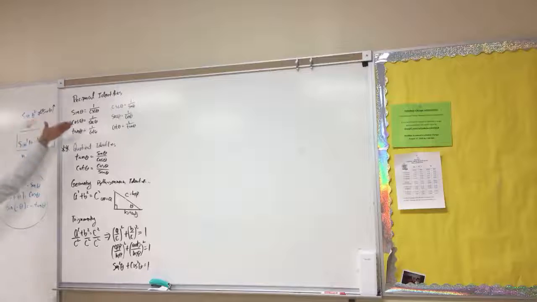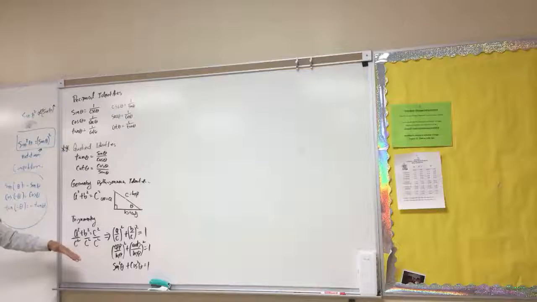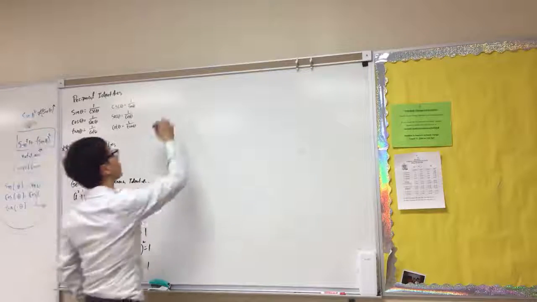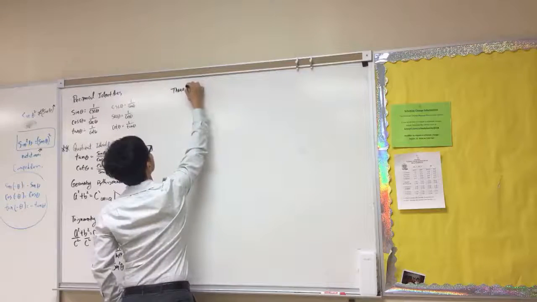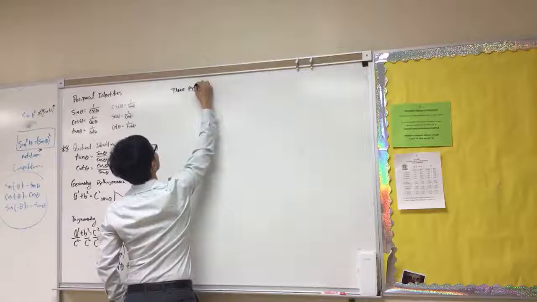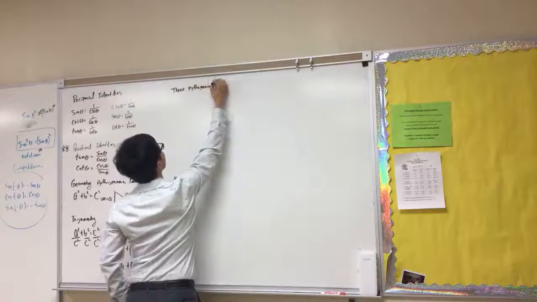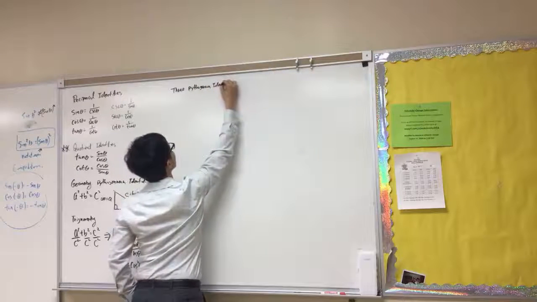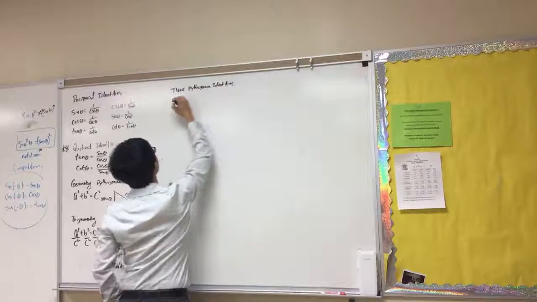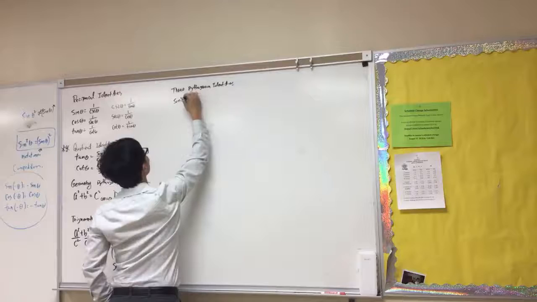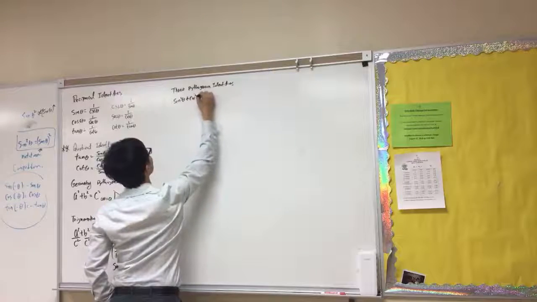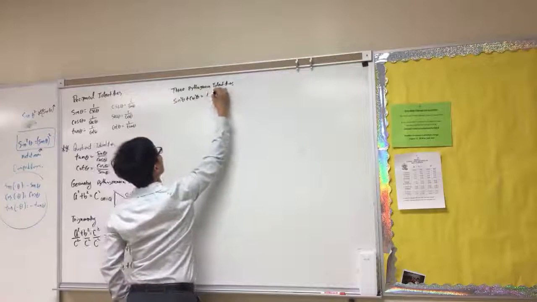Okay, so this is all the Pythagorean identity. Now, there are 3 Pythagorean identities. So sine square of theta plus cosine square of theta equal to 1. I want you to memorize this one.